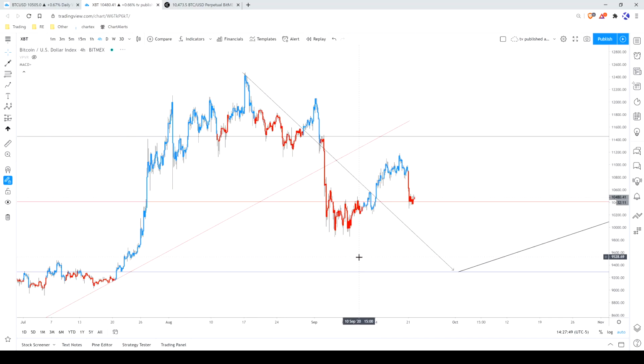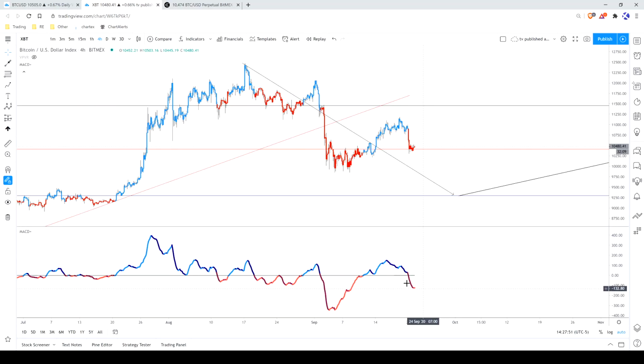Lower time frame, I'm watching the 4 hour. You can see that we are pretty strongly negative right now, and I don't really expect to flip that back. We might continue up a little bit, but then I expect it to come down like this.